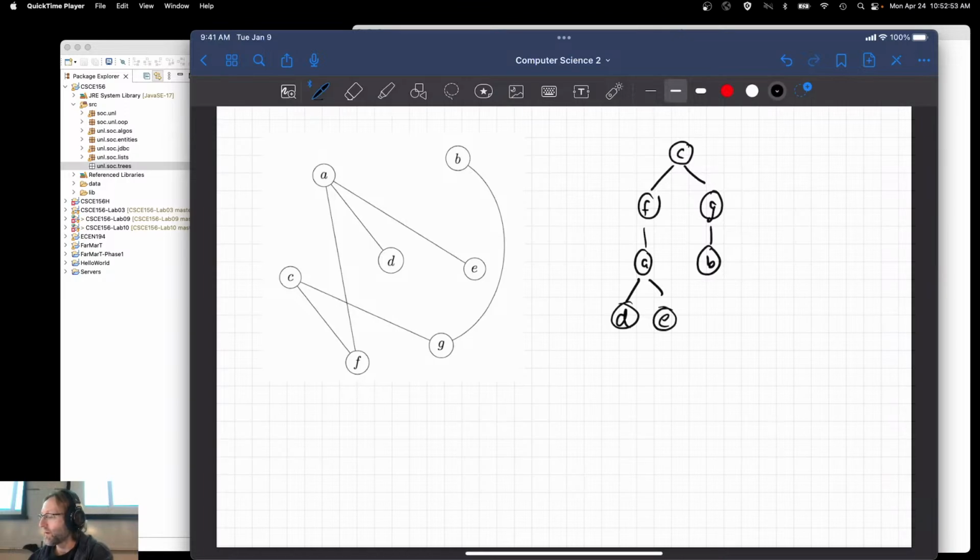D, E, 1, 2, 3, 4, 5, 6, 7. Yeah, I got everybody. Right? And this is looking more like a tree that we like, which is called a binary tree.